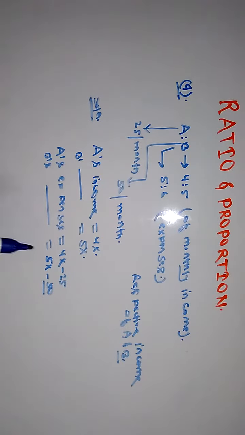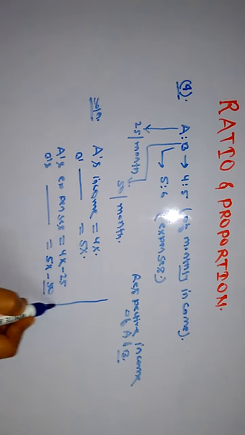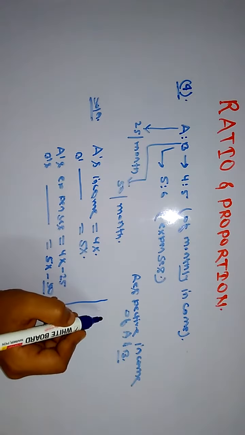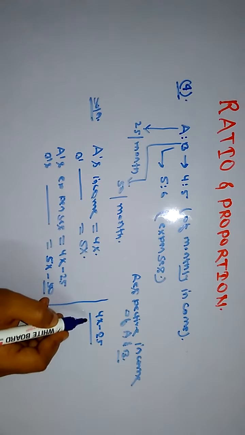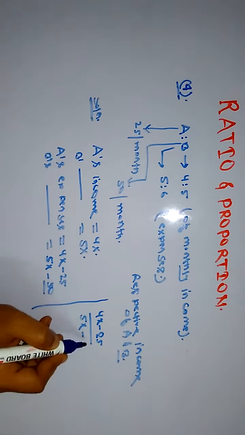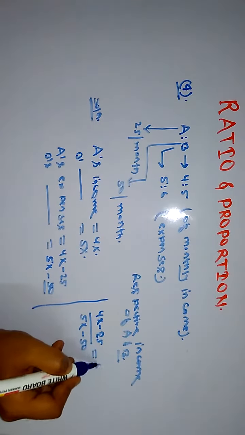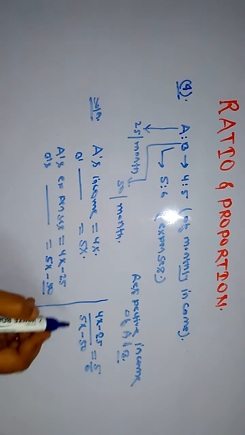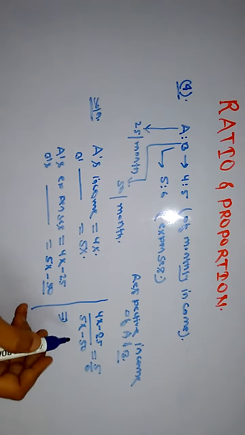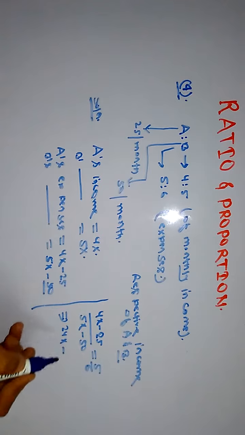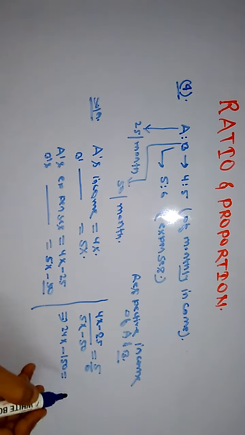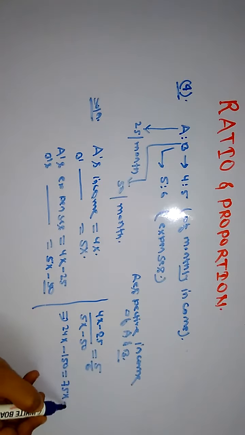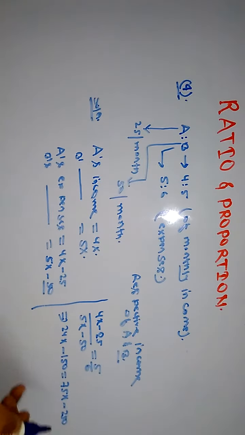Now the ratio of their expenses is 5:6. By cross multiplication we get 24x minus 150 equals 25x minus 250.